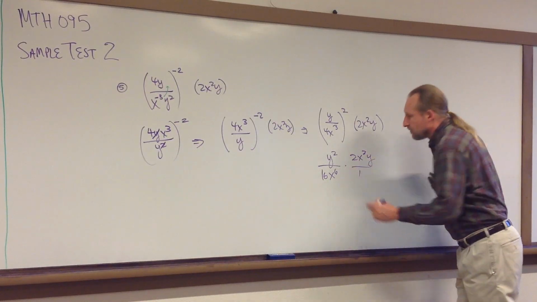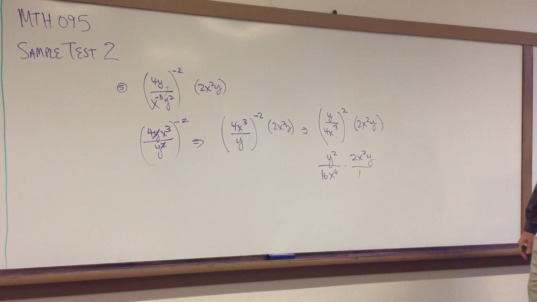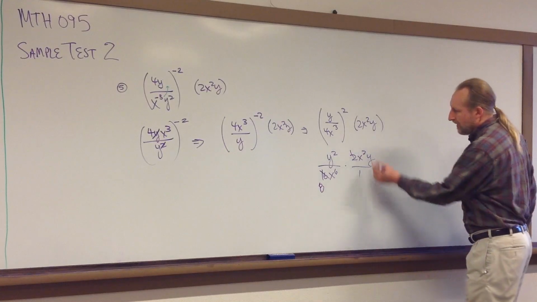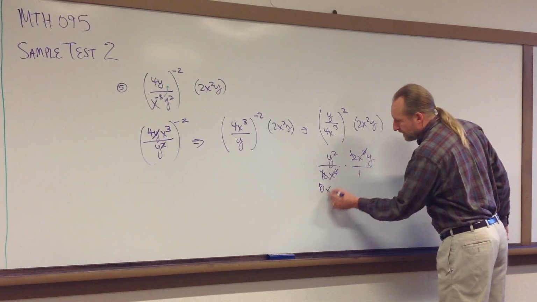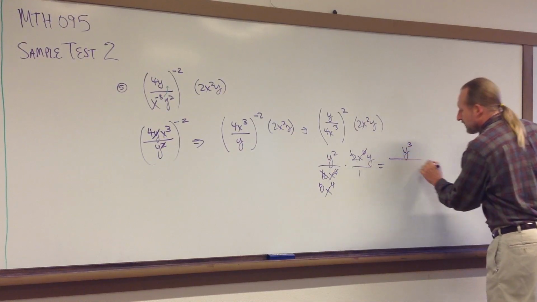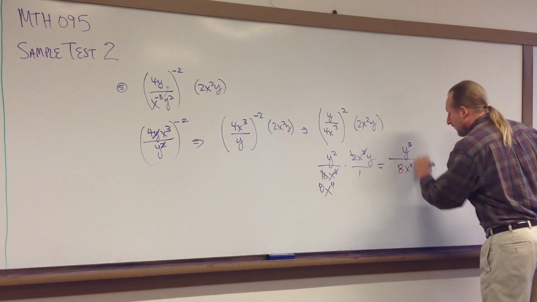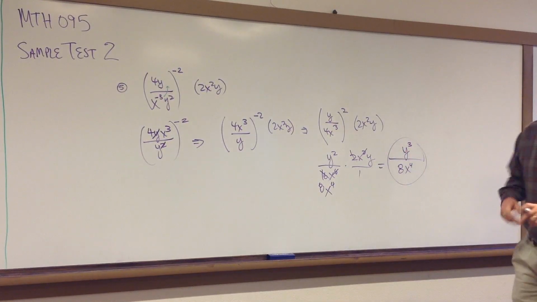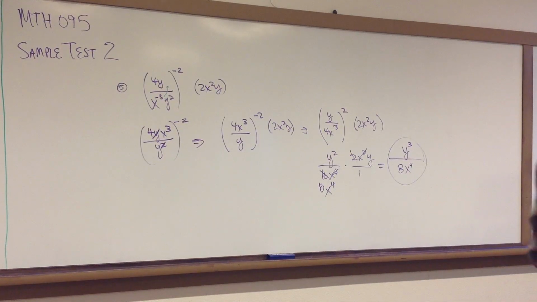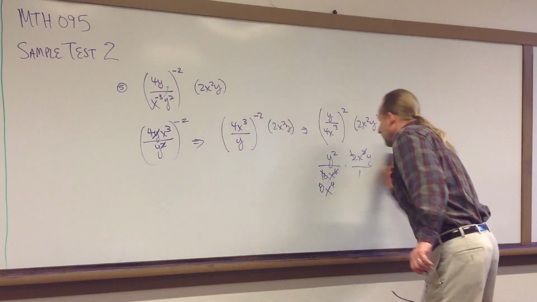And if you want to put this over 1 to remind yourself that it's on top of the fraction, that's fine, because this 2 is going to cancel with the 16. The x squared will cancel out 2 of these and leave us with x to the 4th. So on top we'll have y to the third power, and on the bottom 8x to the 4th. Okay, so that's problem 5. Problem 6 is similar. So let's go ahead and take a look at that.